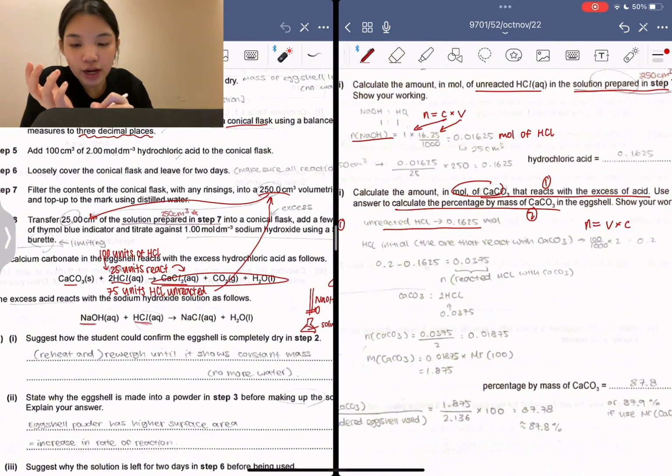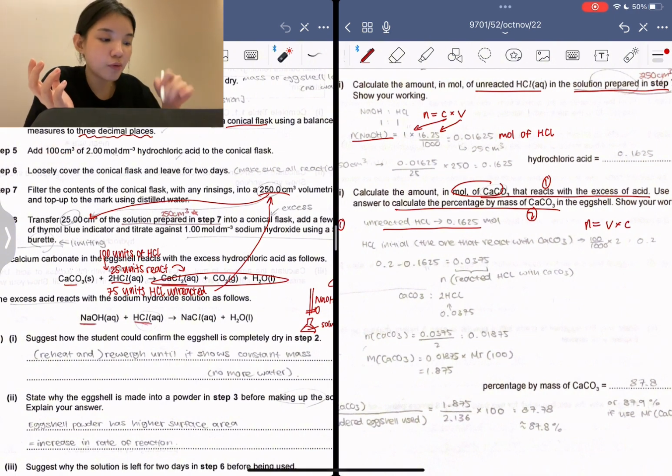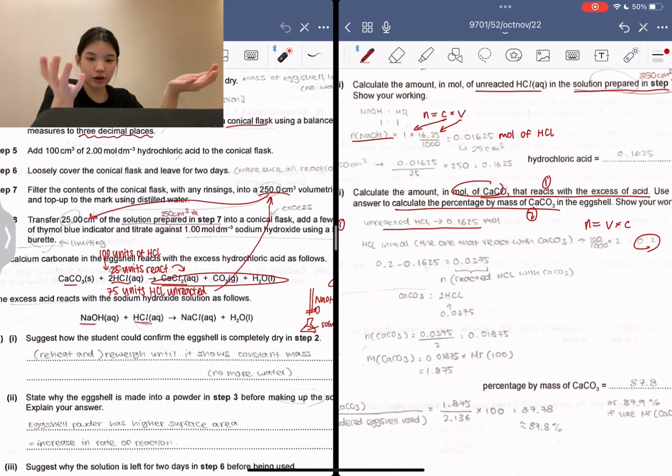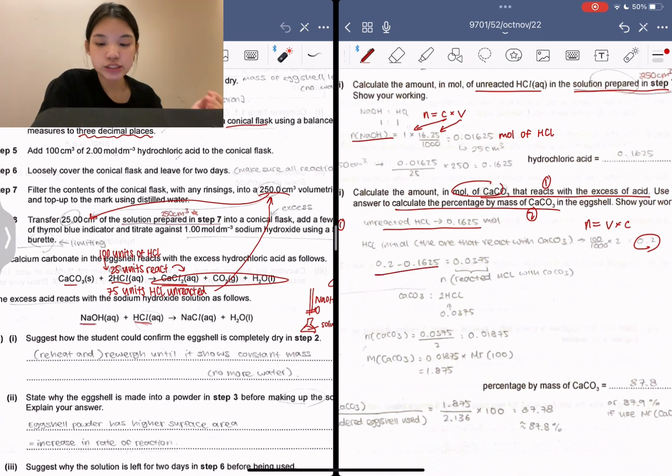So you do 100 cm cube divided by 1000 to make it dm cube, times the concentration, which is equal to 0.2 moles of HCl initially. Then 0.2 minus the unreacted HCl, 0.1625, gives the HCl reacted with CaCO3, which is 0.0375.